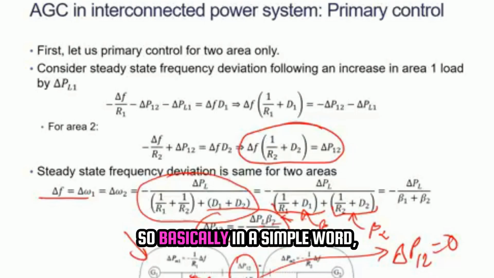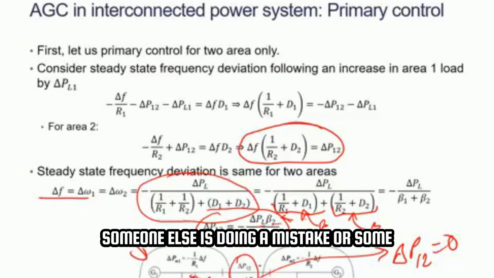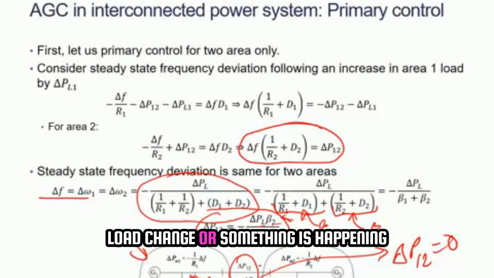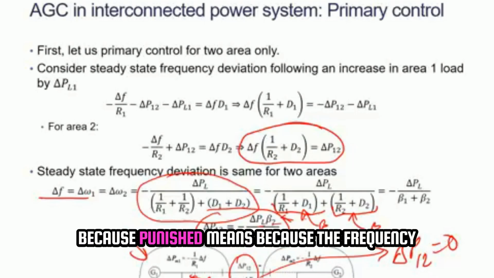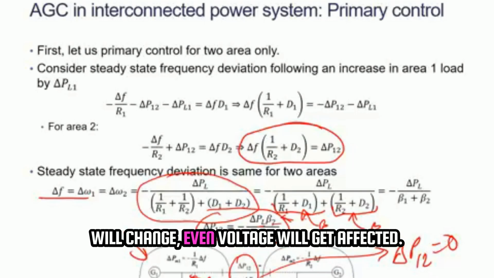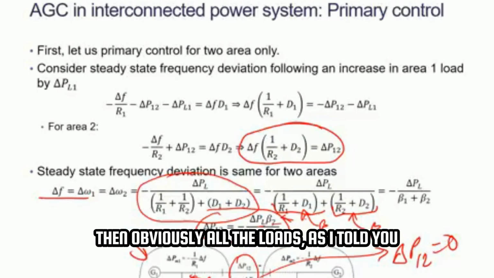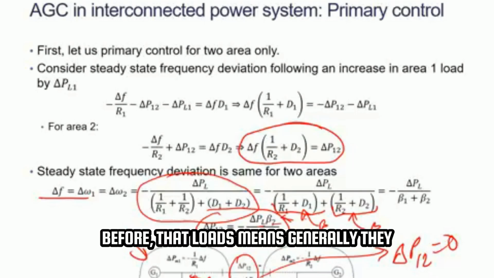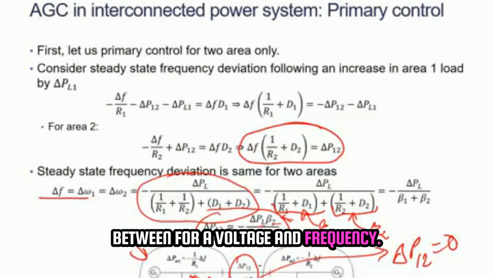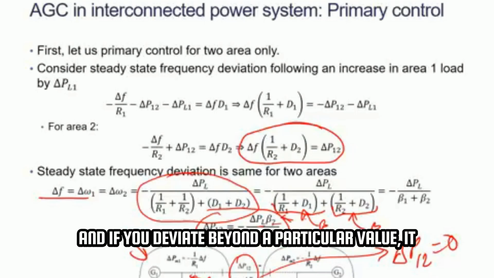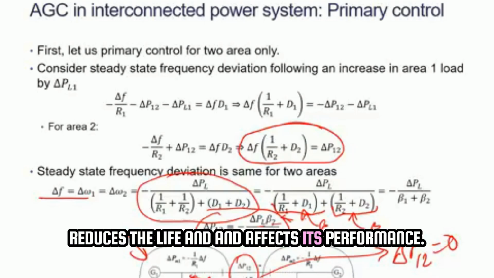So basically, in simple words, someone else is making a mistake, or some load change is happening, and everyone is getting punished for that. Because the frequency will change, even voltage will get affected. And as I told you before, loads generally have a specified range of operation for voltage and frequency, and if you deviate beyond a particular value, it reduces their life and affects their performance.